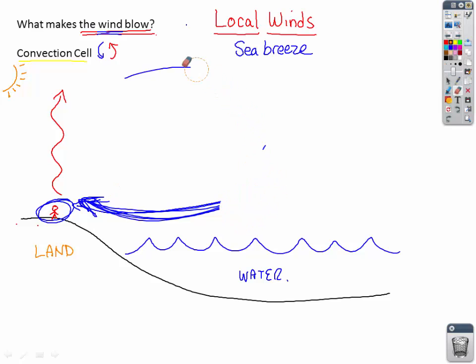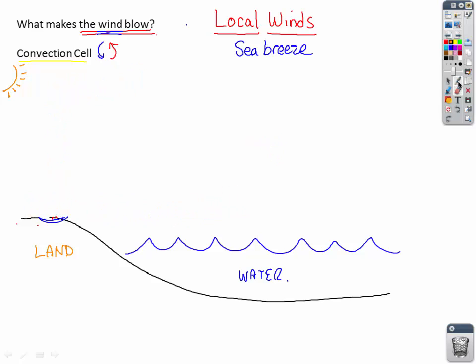Now, later on, the sun goes down. All right. And you go out to the beach, and you're standing on the beach, and you are barefoot now because the land has cooled off, but the water has retained its heat and is now giving off that energy. You can't have an area where there's no air, so it gets replaced.